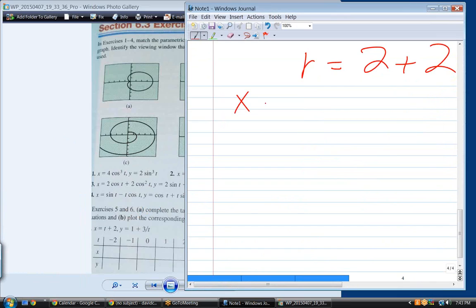We got x equals 4 cosine cubed of t, and y equals 2 sine cubed of t. And if we're trying to convert those two into polar equations, see, x is r. What's the polar equivalent for x?